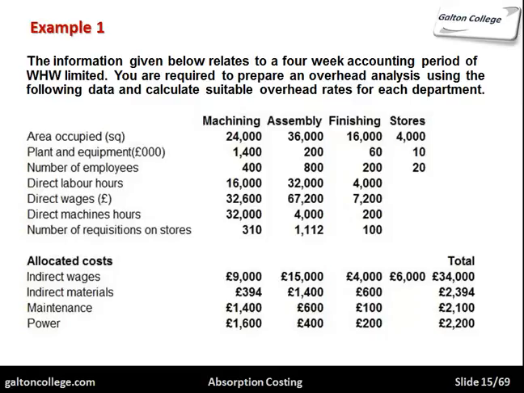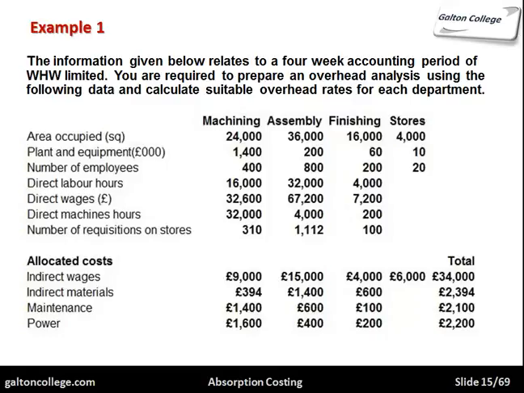It's got number of employees. Machining has 400. Assembly has 800. It's got direct labour hours, direct wages, direct machine hours, and the number of requisitions on the stores, the number of times the stores are called upon to supply materials. And we also have the allocated costs: indirect wages, indirect materials, maintenance and power.